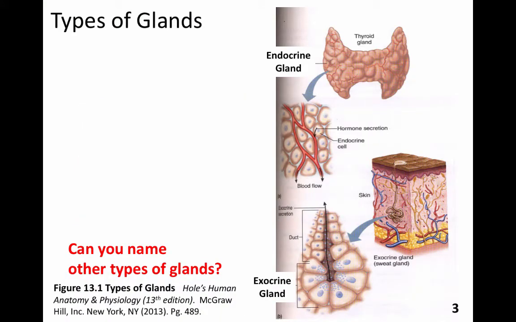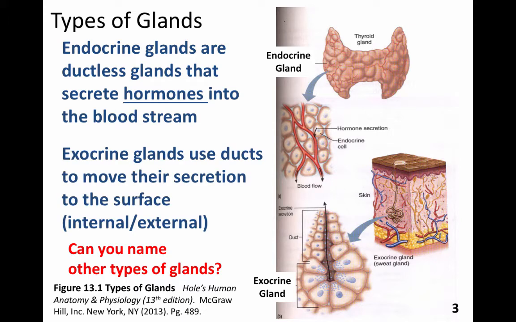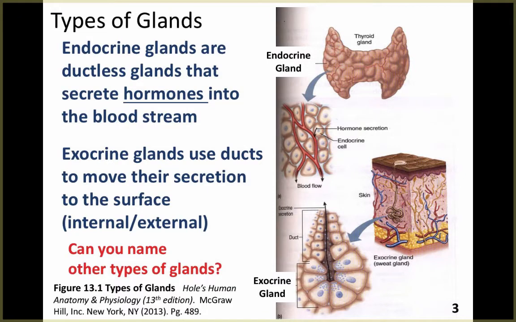Now, there are a couple different types of glands that the endocrine system uses. You have endocrine glands that are basically ductless glands, and they're going to secrete hormones straight into the bloodstream, whereas exocrine glands actually use ducts to move their secretions to a surface, and that surface can be on the outside of our skin or somewhere inside our body.